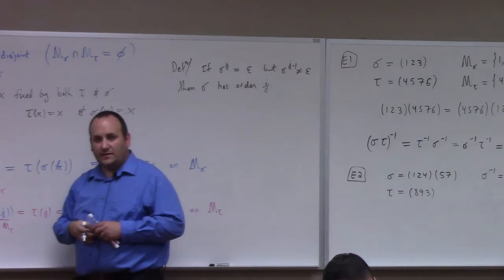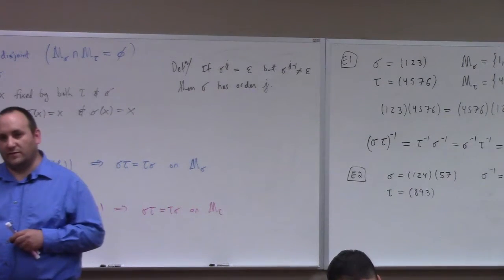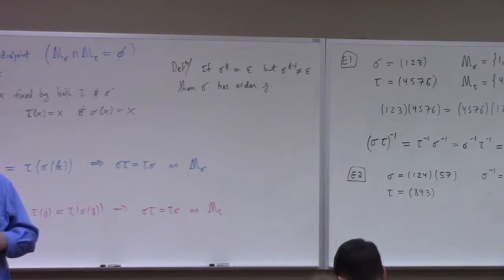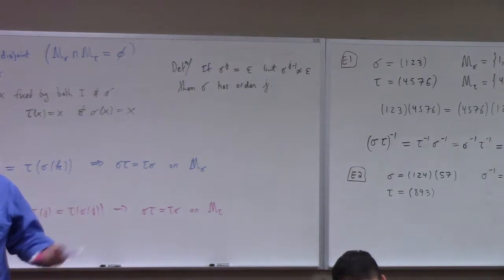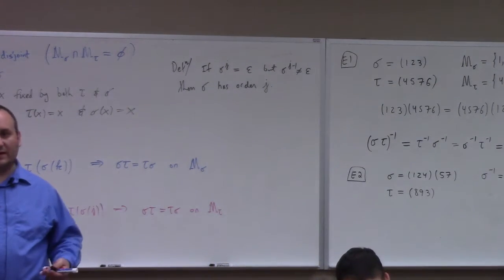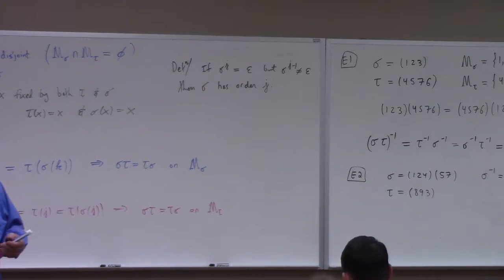The idea here is that it's the smallest integer power you can exponentiate to. In here, exponentiation just means composition of itself with itself j-fold times. When you do that and you get the identity, that means it has order j.